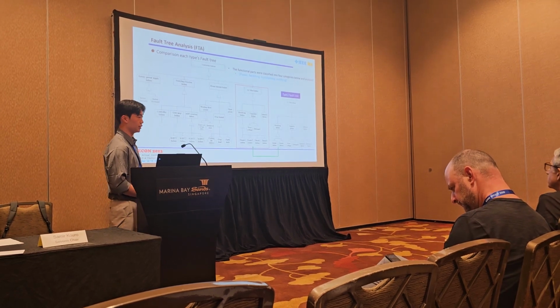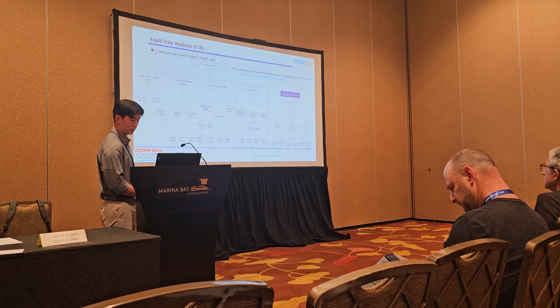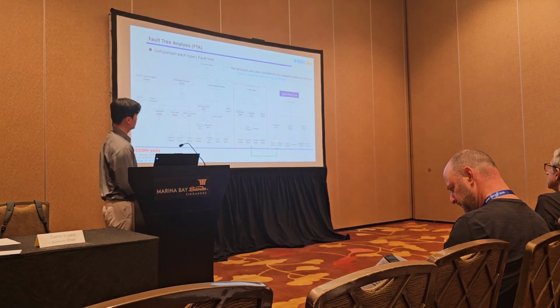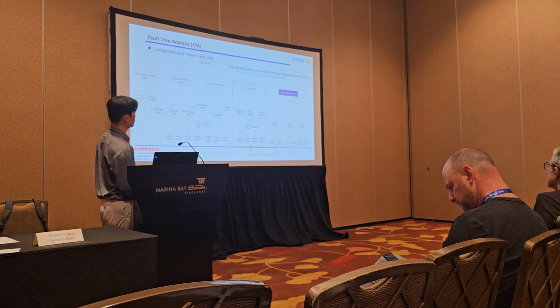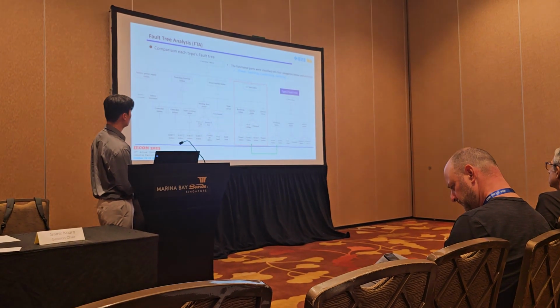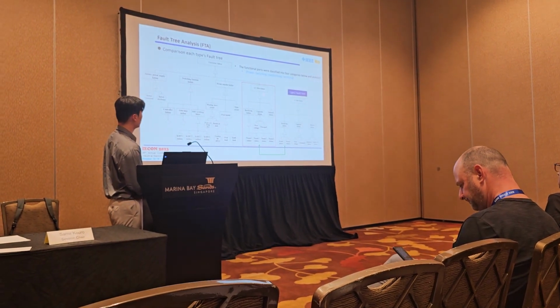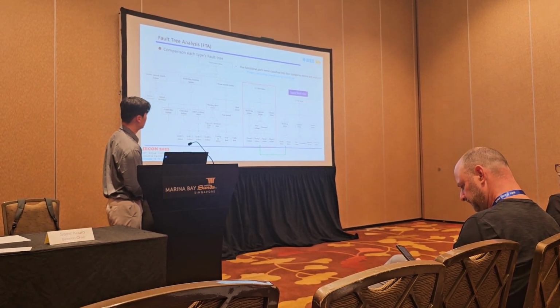Next is the fault tree. This fault tree is the type 1 fault tree. The functional parts were classified into 4 categories below and analyzed. And we analyzed why the function does not function normally, part by part.